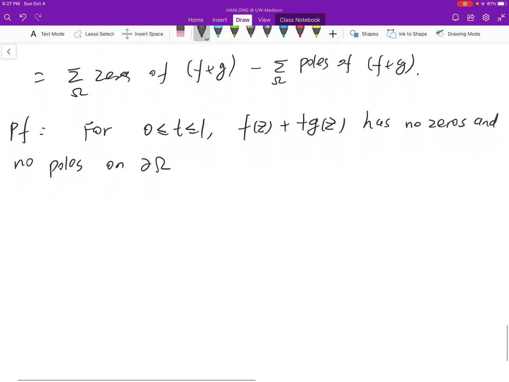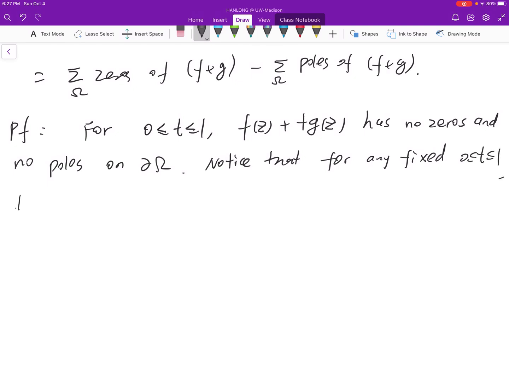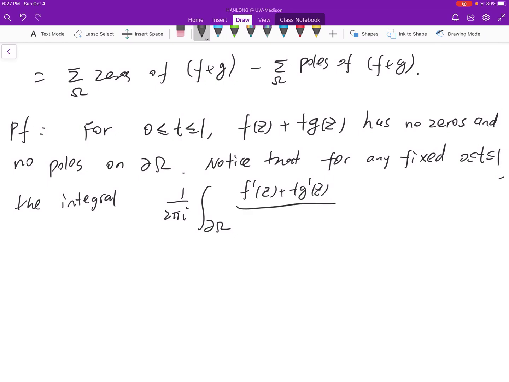Okay, then notice that for any fixed t between 0 and 1, the integral 1 over 2 pi i of (f'(z) plus t g'(z)) divided by (f(z) plus t g(z)) dz along the boundary is always an integer because of the previous theorems.